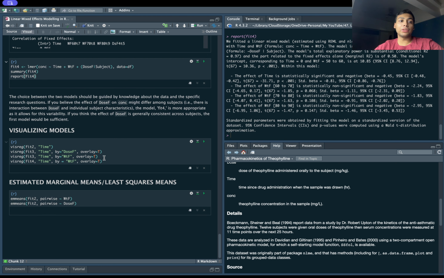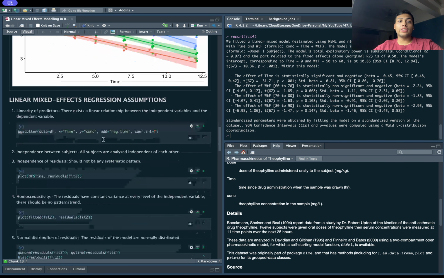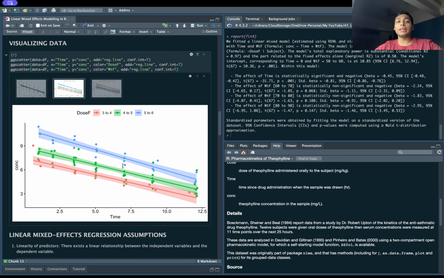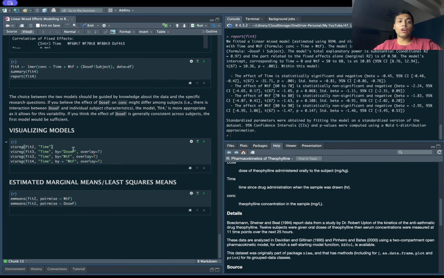And this is just a write up about the same. Now, just a little bonus, the visreg package, visualization of a regression, gives us good functionality to visualize the regression. Now this is not a mixed model, this is just a simple linear regression. This does not account for mixed effects. So to account for mixed effects, visreg will account for your mixed effects.